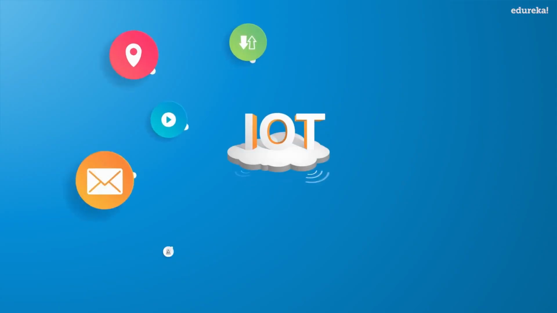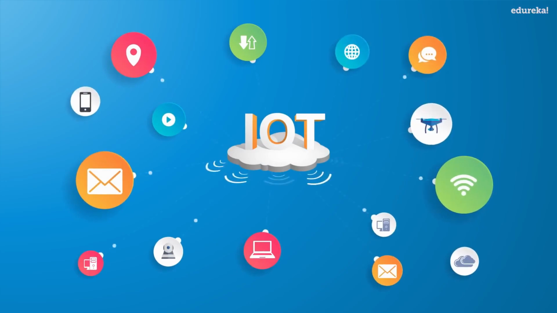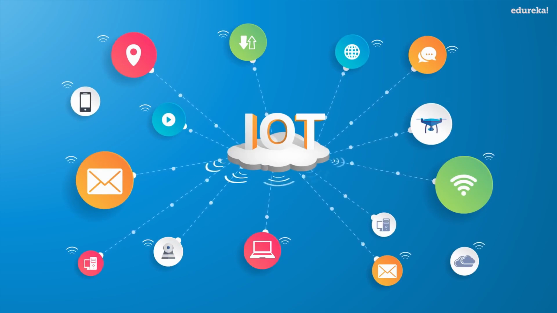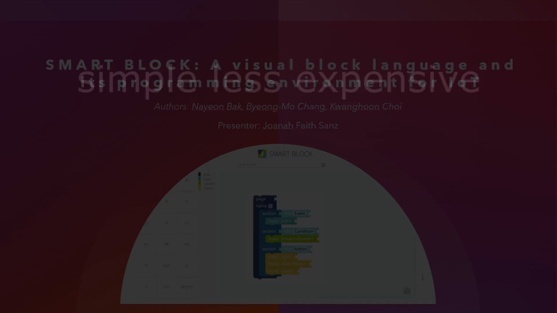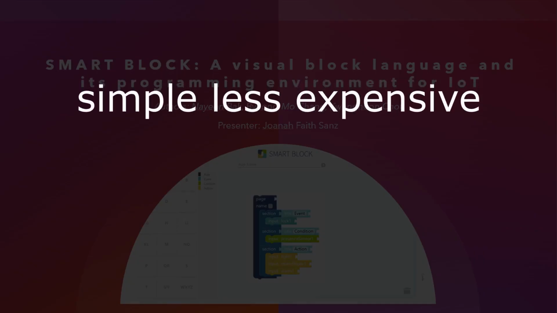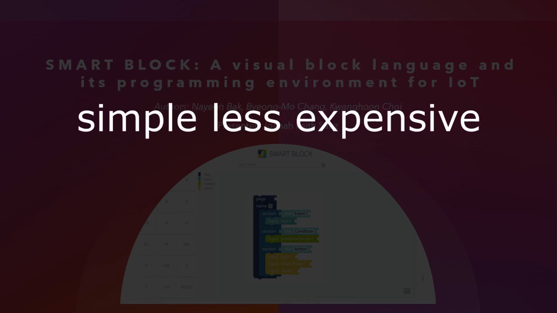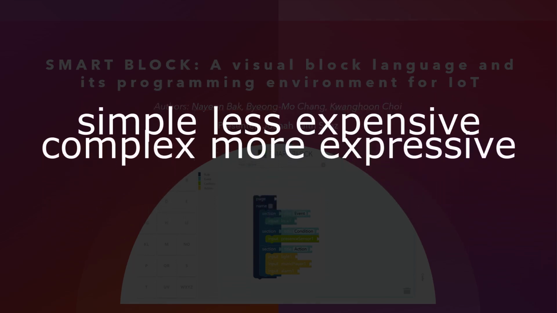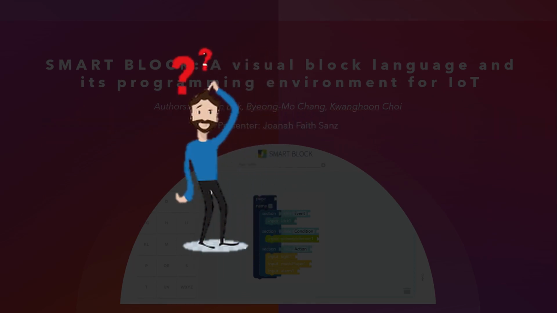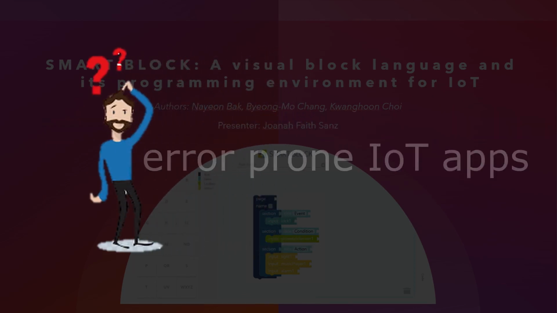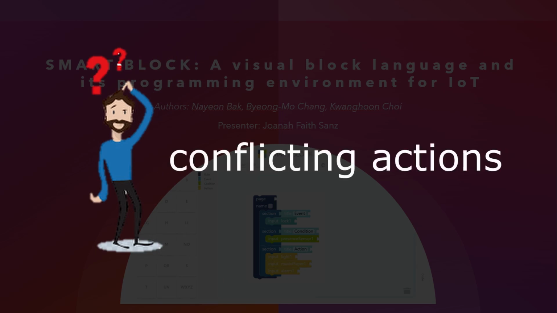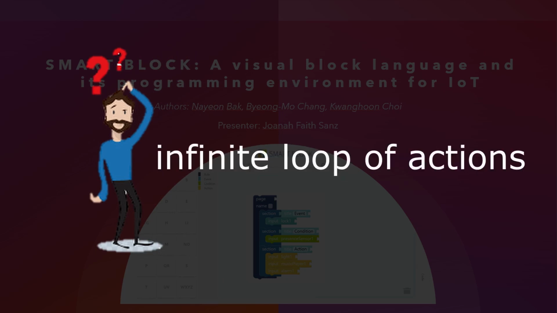Second, visual language tools should provide a method for writing the parts of IoT application code that are not expressible by the tools. This method will bridge the gap between simple but less expressive visual programming and complex but more expressive code-based programming. Third, inexperienced users can produce error-prone IoT applications, such as commanding two conflicting actions or an infinite loop of actions.